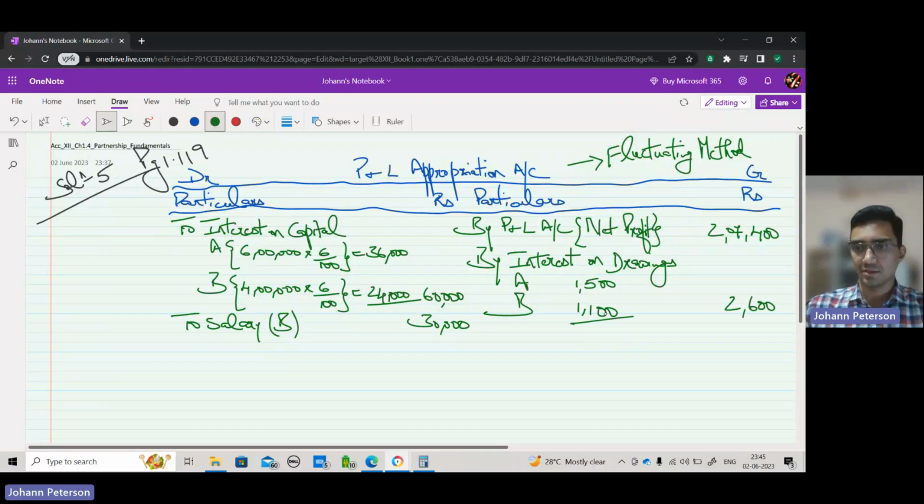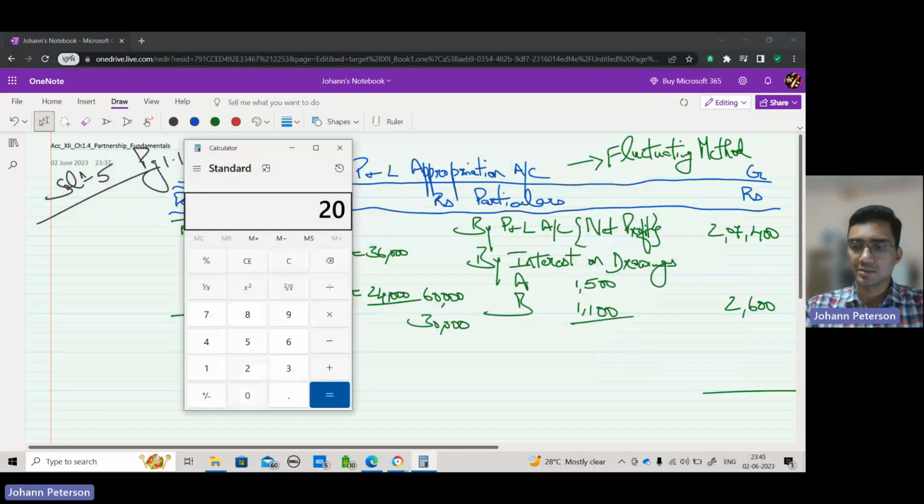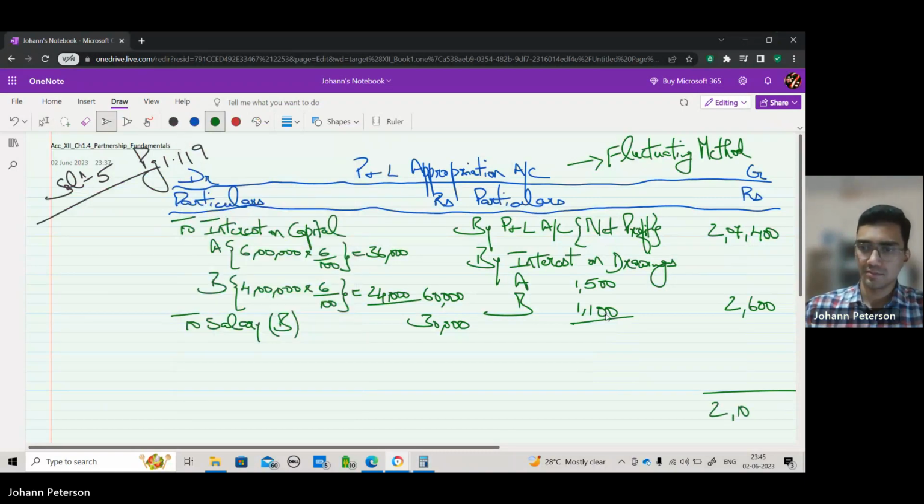So no more items. Let's do our totals. This is 2,07,400 plus 2,600. It's 2,10,000. Definitely this will be written here.